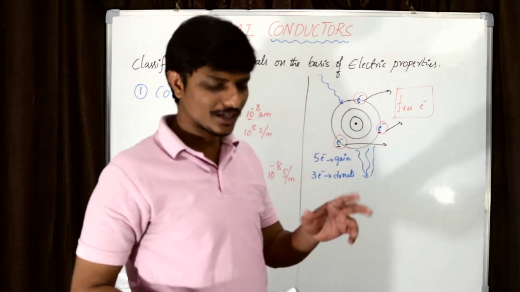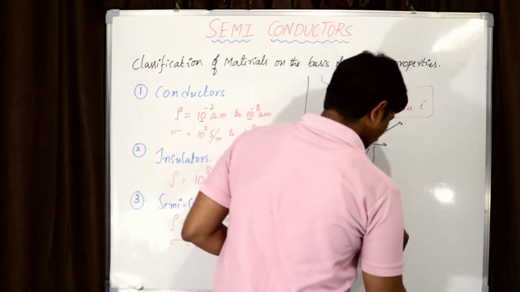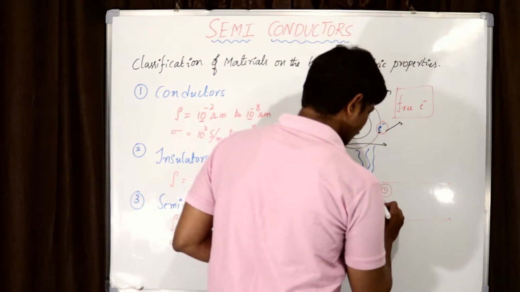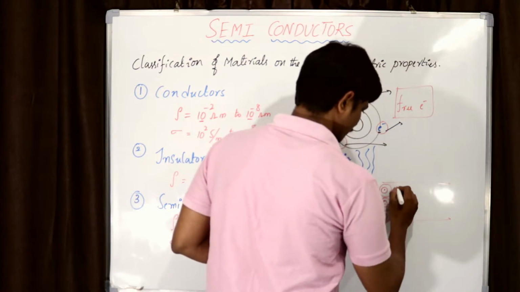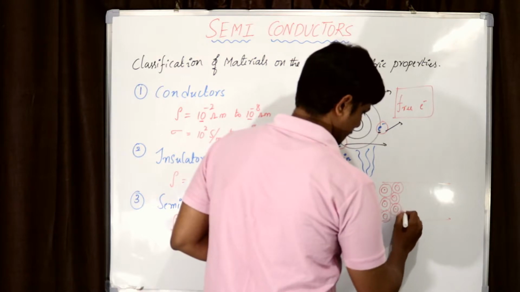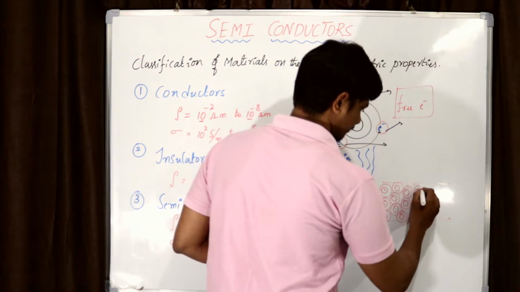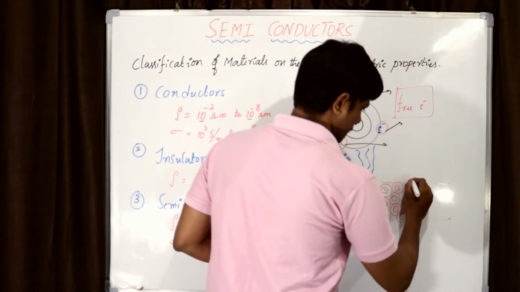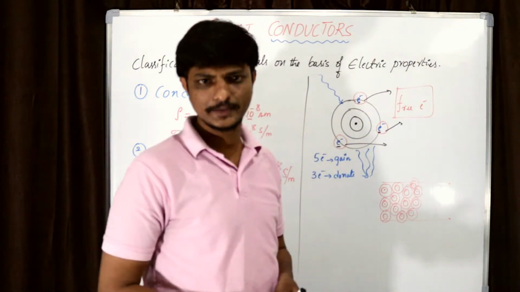Why are we looking for free electrons? Let me explain this. So let us take a conductor. If you look at the structure of a conductor, this is how the atoms are arranged inside, right?